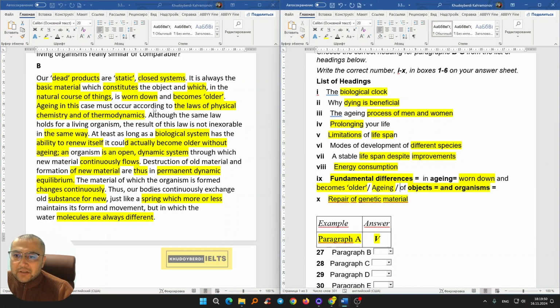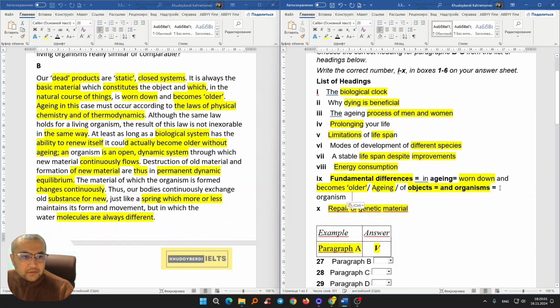Aging in this case must occur according to the laws of physics and chemistry of thermodynamics, although the same law holds for a living organism, right? So living organism, aging, worn down, and becomes older, right?